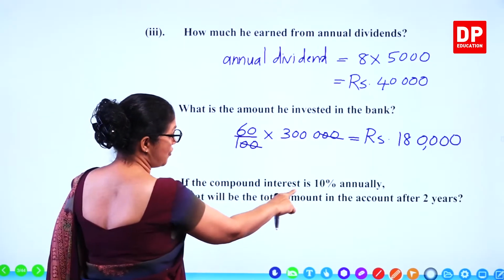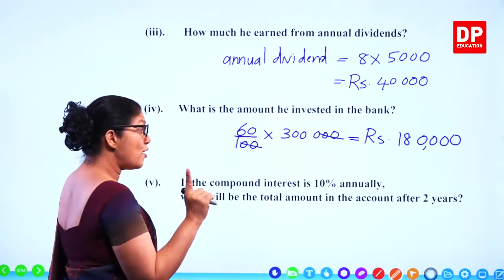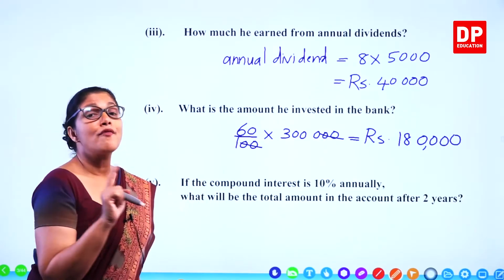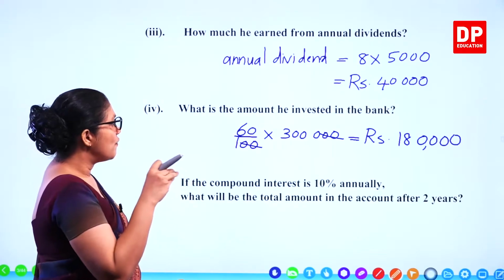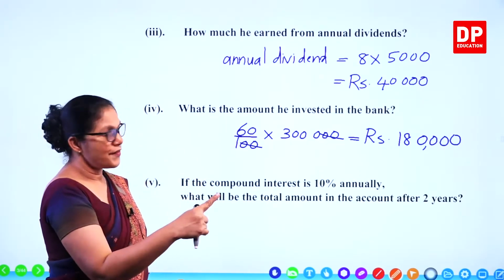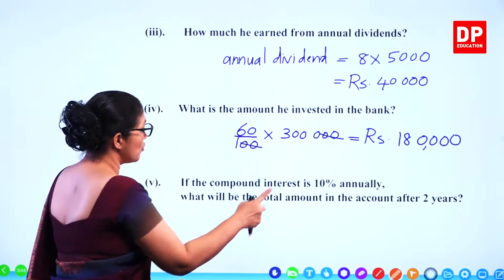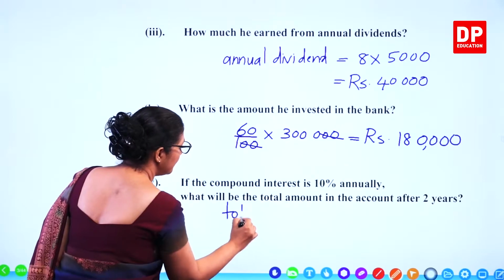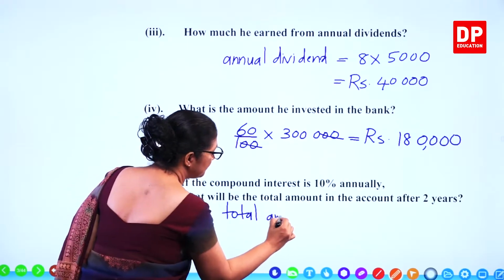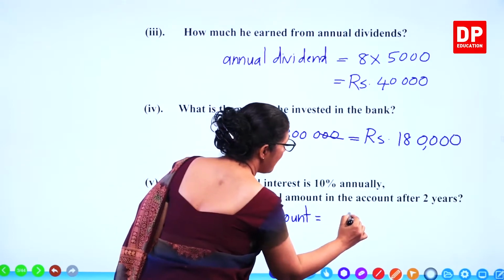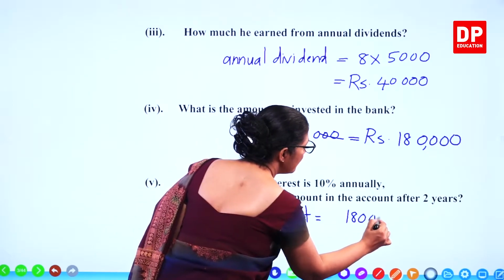If the compound interest is 10% annually, what will be the total amount in the account after 2 years? So if you put 100 rupees, if it's 10%, you get 110. So 2 years you have to find out. So how you find out the total amount? 180,000 invested.